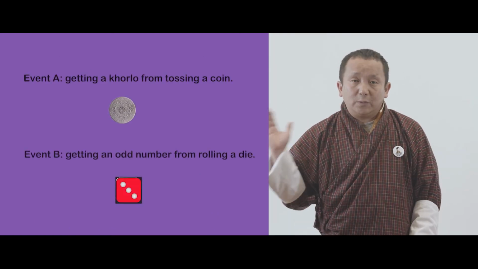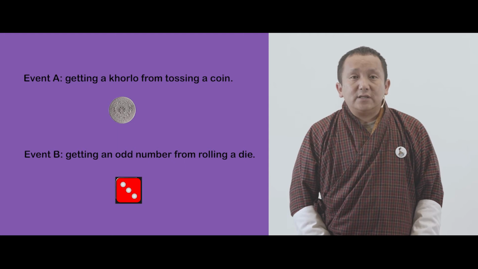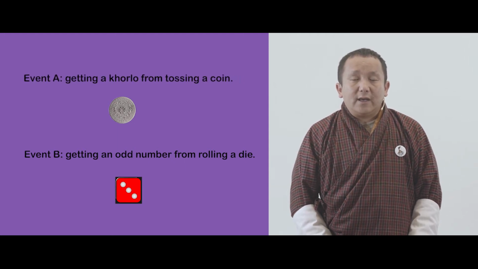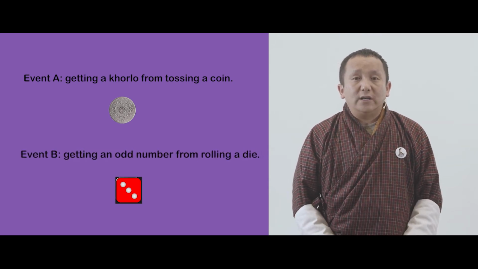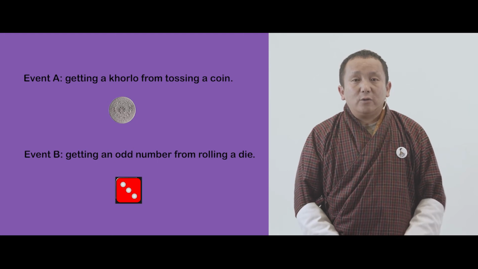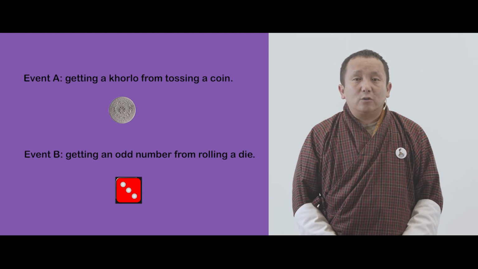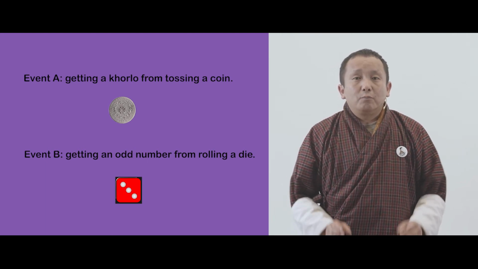Let us look at this example and consider these two events. The first event is getting a kholo from tossing a coin, and the second event is getting an odd number from rolling a die. My question here is: determine the theoretical probability of getting a kholo from tossing a coin and rolling an odd number from a die.